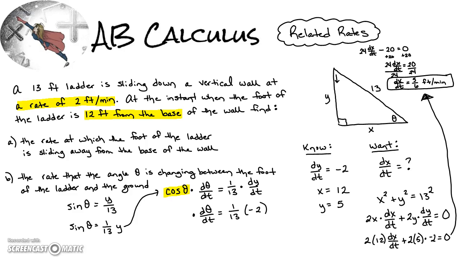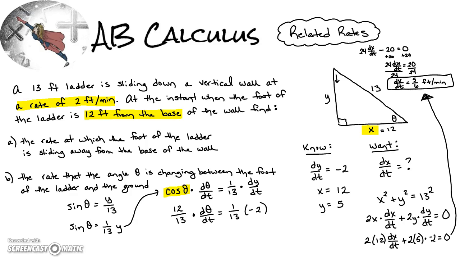Just look at the triangle. Cosine is adjacent over hypotenuse. We know that the adjacent, which is x, right at this moment, we had said that it was 12. So cosine of theta is 12 over 13 because it's adjacent over hypotenuse. And now we just need to solve for d theta/dt.